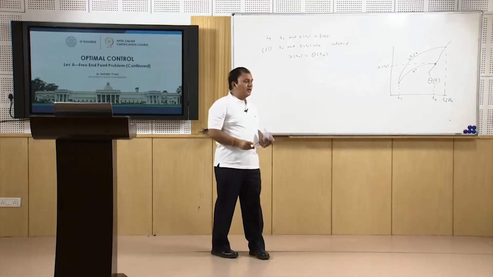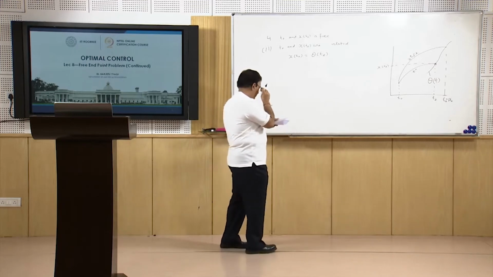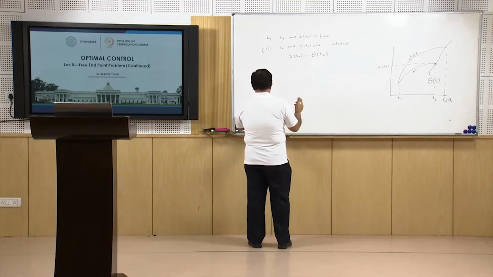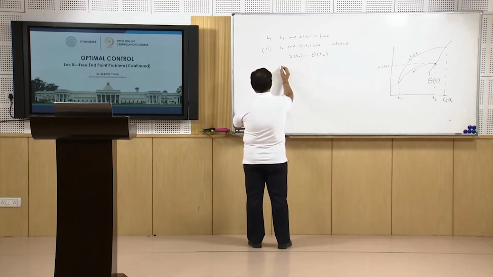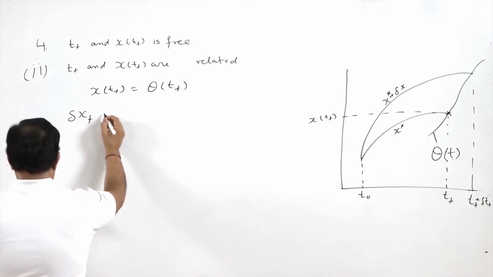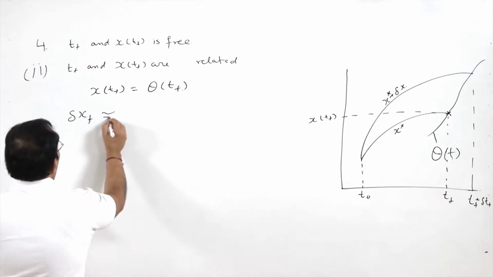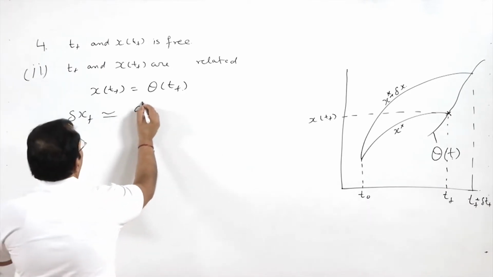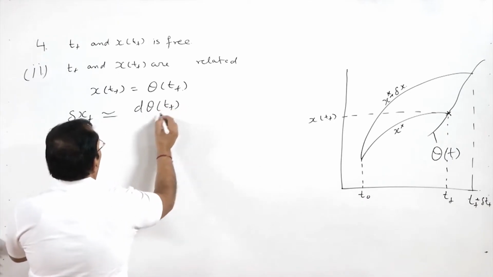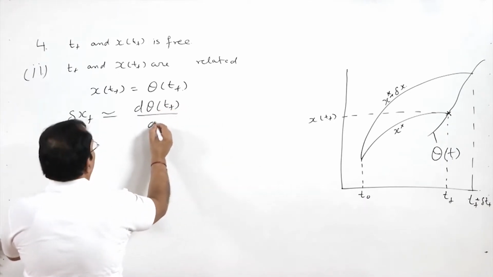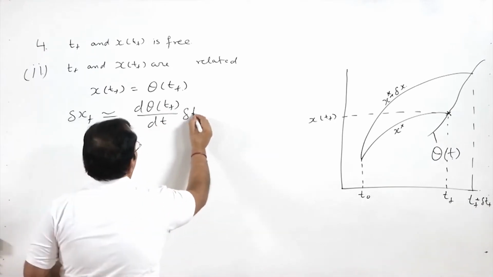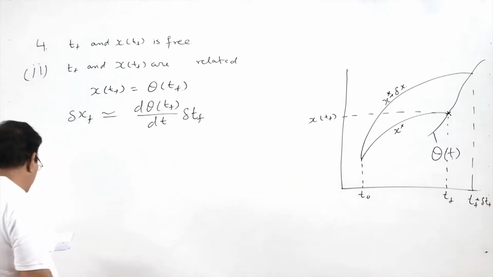If this is terminating, then how can we relate this? Delta XF I can approximate as d theta at the TF point by dt into delta TF.